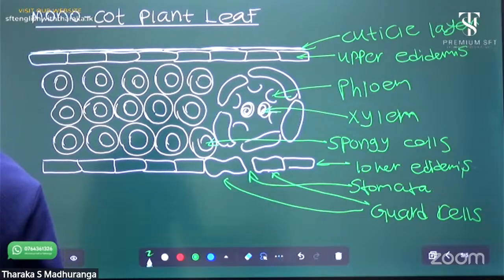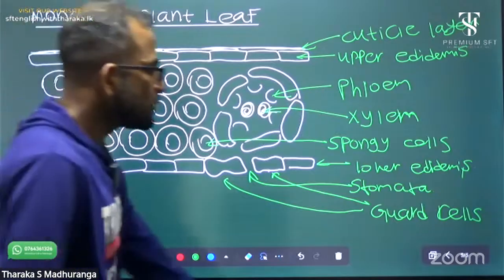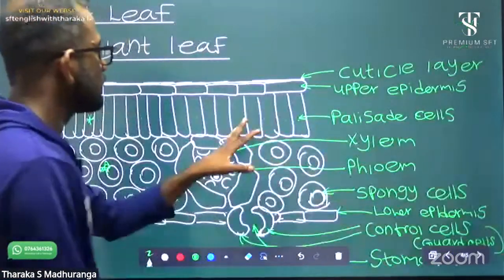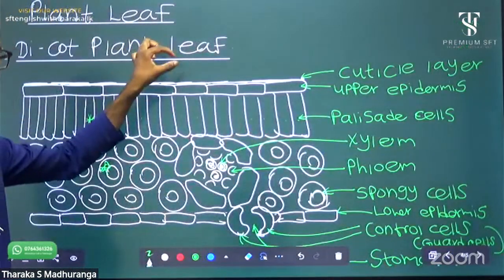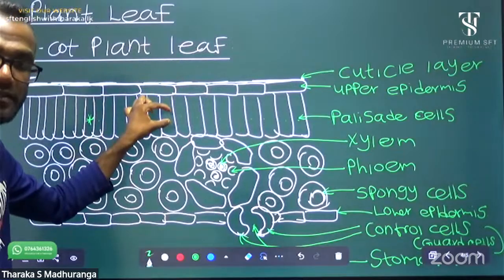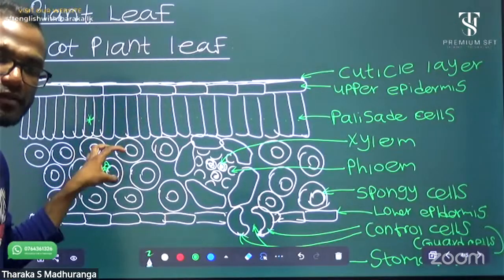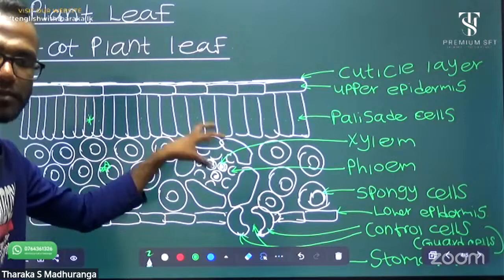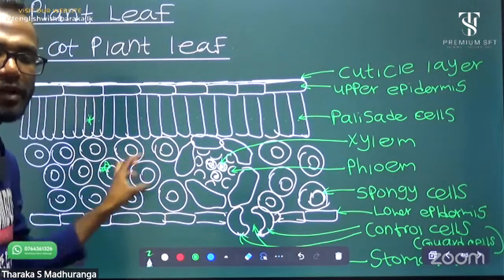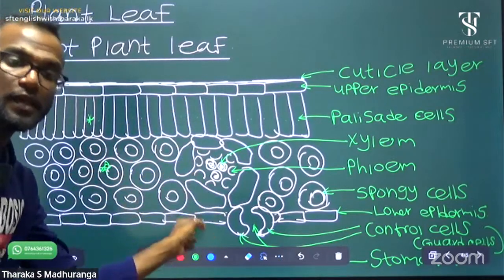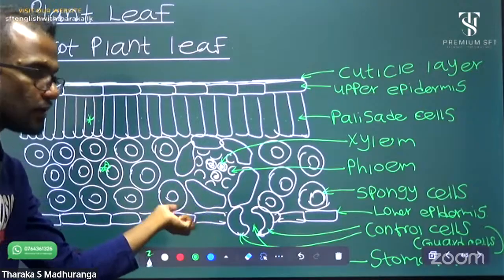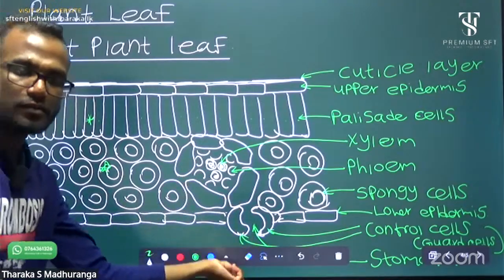Very clear, right? Now, see the difference. Dicotyledon: cuticle, upper epidermis, palisade cells, and spongy cells, xylem, phloem, and lower epidermis, guard cells, bean shape guard cells, and stomata.